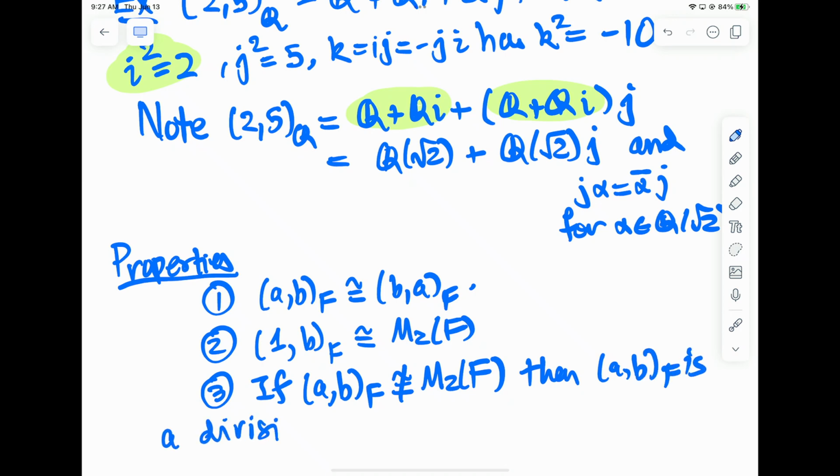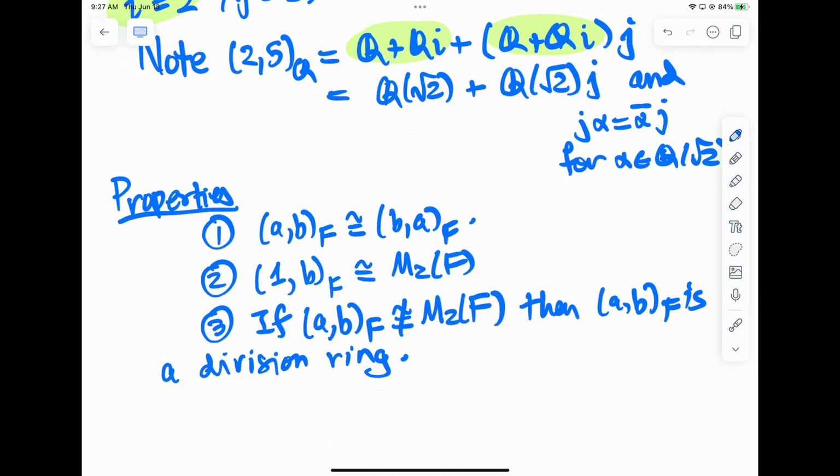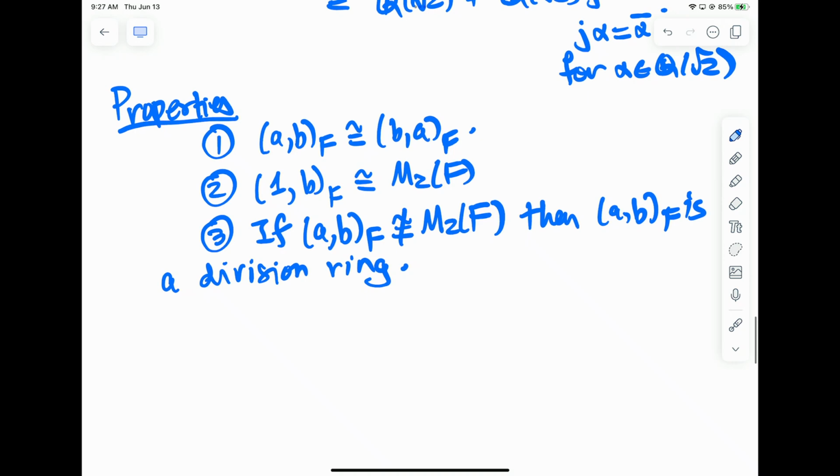All right. So now it's time to give you a condition under which this construction over Q is going to be a division ring. And this is going to involve Legendre symbols. So theorem.